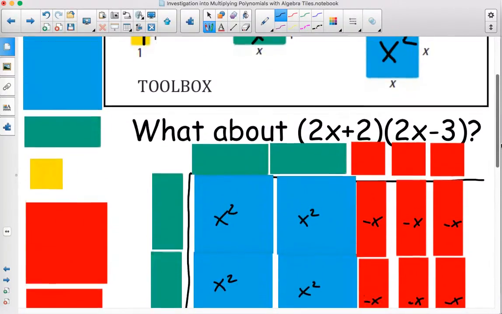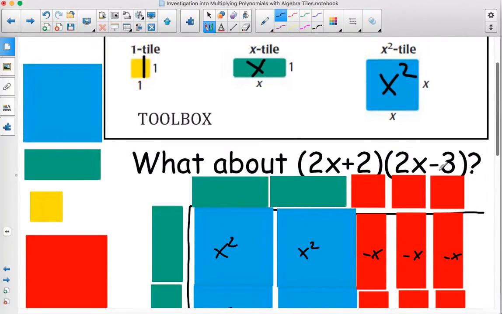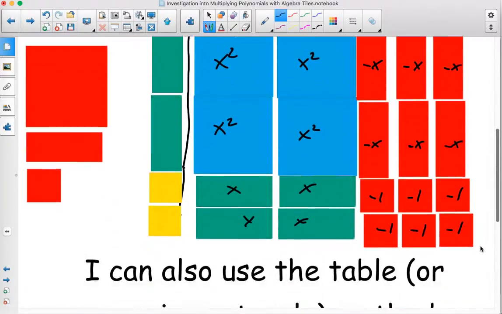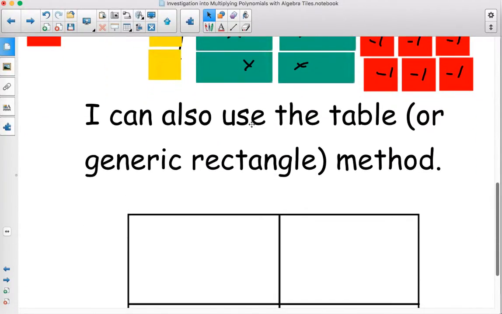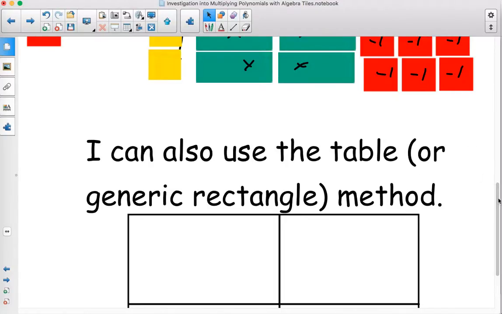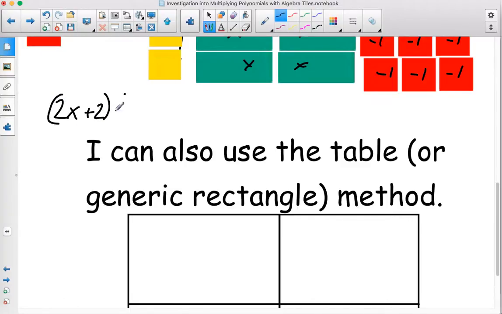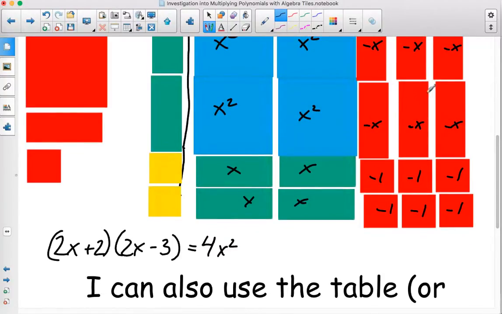So when I multiply these two things right here, 2x plus 2 times 2x minus 3, I need to slide this down a little bit. So when I multiply 2x plus 2 times 2x minus 3, what do I get? I found I got 4x squareds. Here's the tricky part. I have -6 x's plus 4 x's.